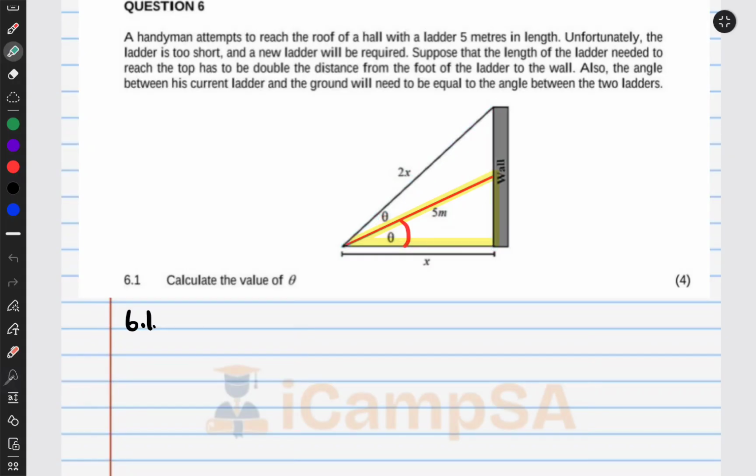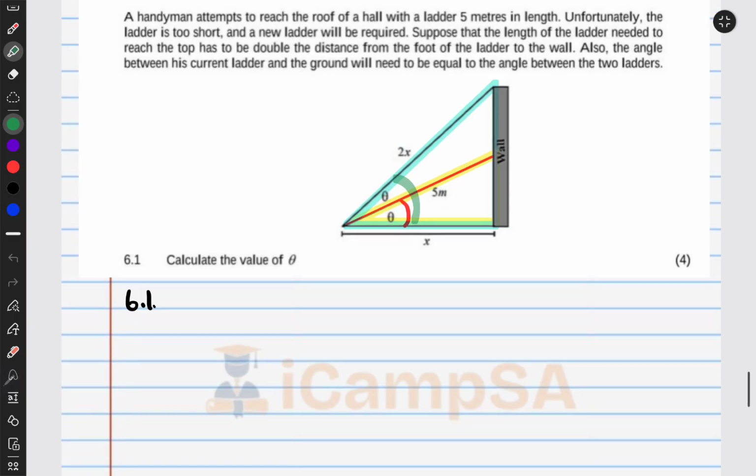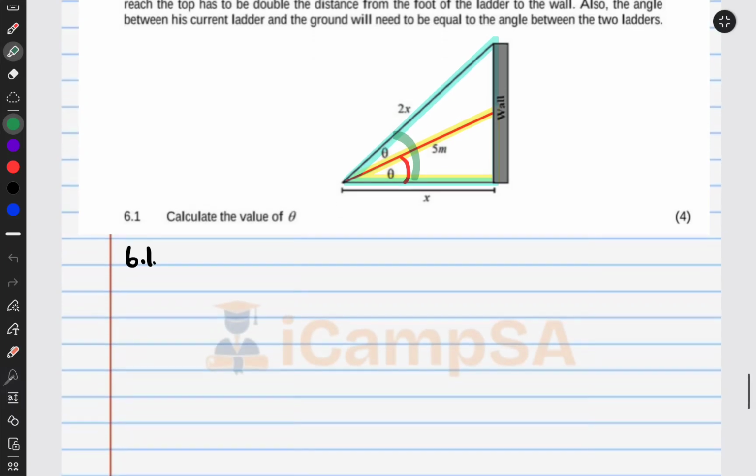But if we take the big one, we're going to have two unknowns, which is x and theta. But if we use, let's say, this side which is adjacent to 2 theta and the hypotenuse, so we use cosine, the x and x will cancel, so we just have to use trigonometric ratios.